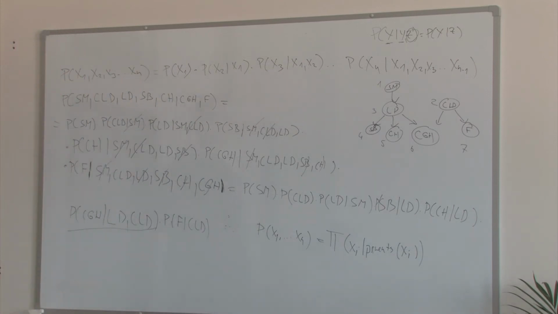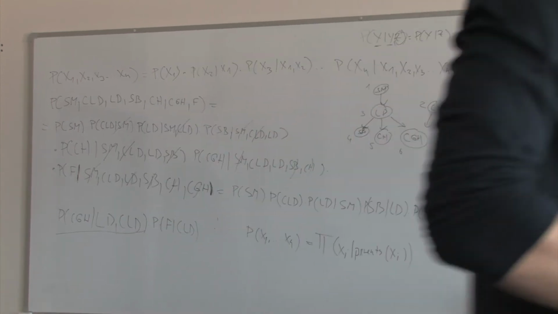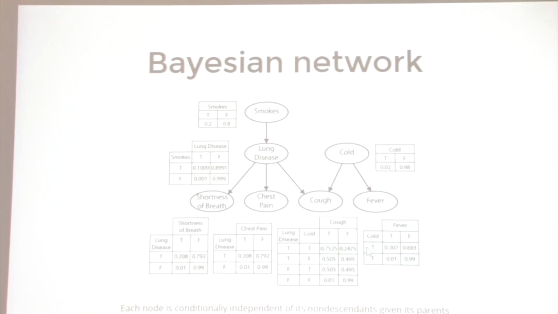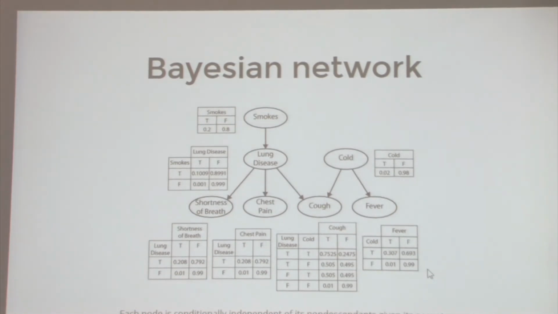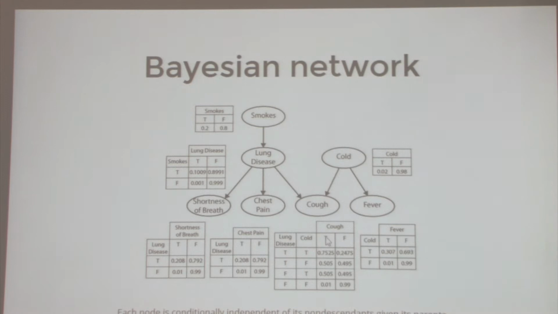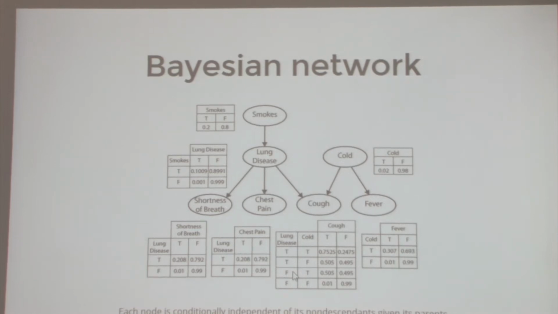Now from this, you can see that the more parents the node has, the more space the table takes. It grows exponentially, really, because for two states of one parent, you have to have two conditional probability tables, but for two parents, you have to have two squared conditional probability tables, and it grows exponentially.